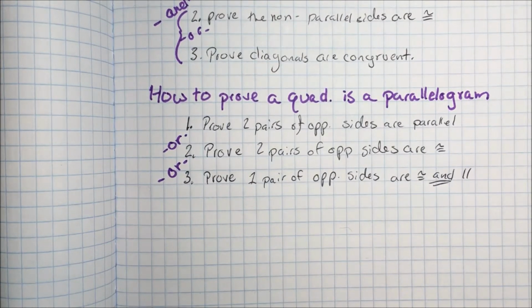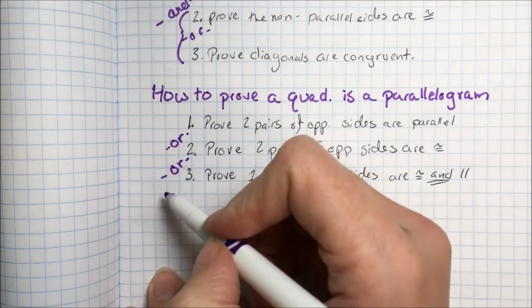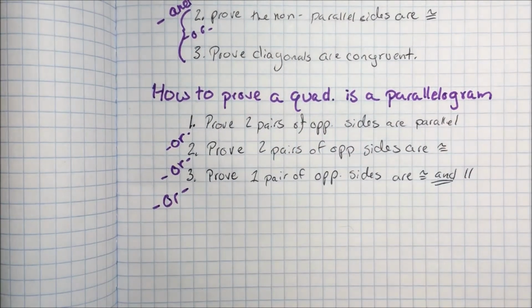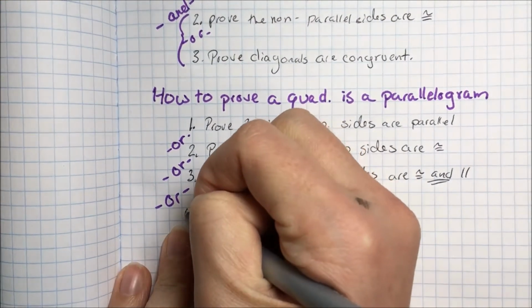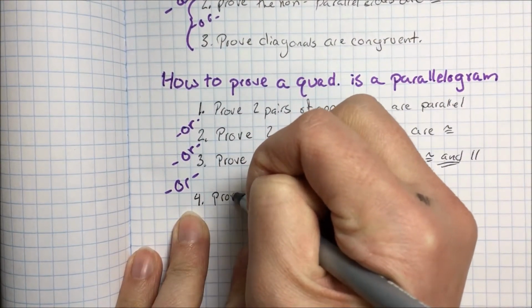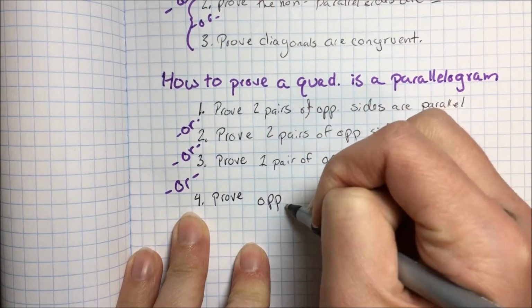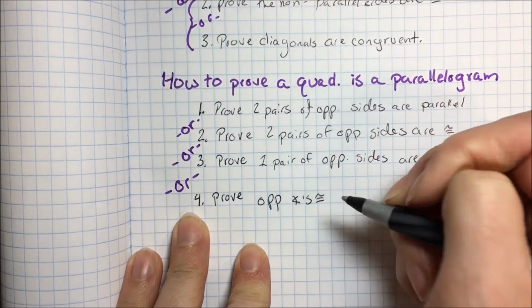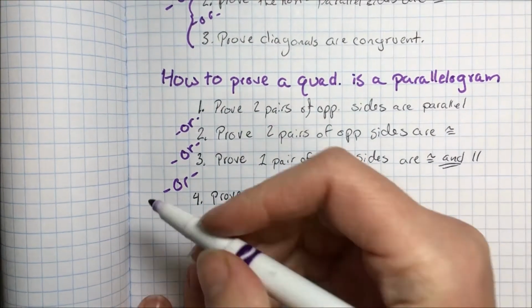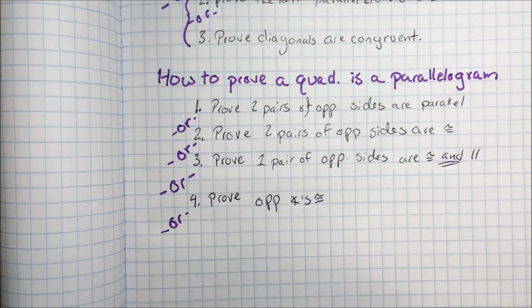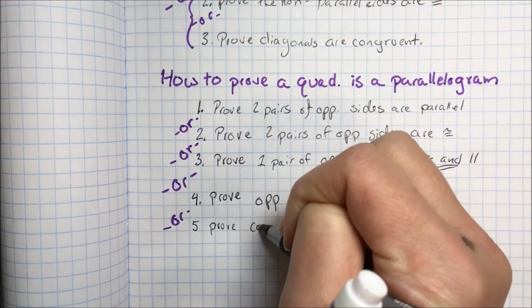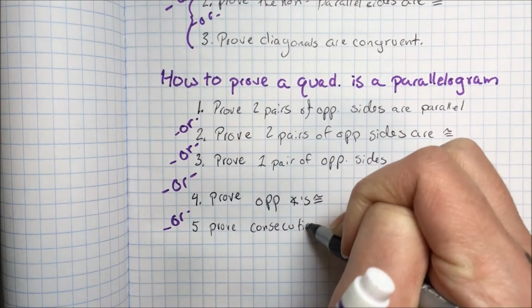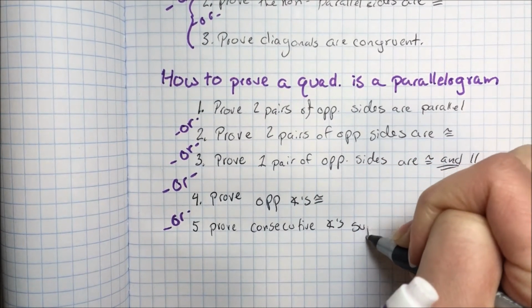All right. Now these next ones kind of lead you to proving it by definition, but they're sufficient to do on their own. So 4, you can prove opposite angles congruent, or prove consecutive angles supplementary.